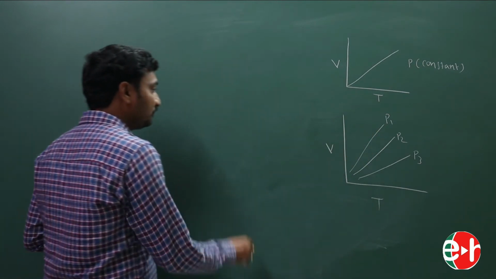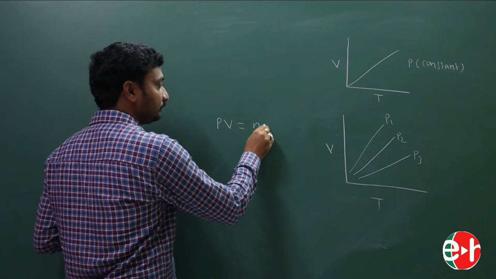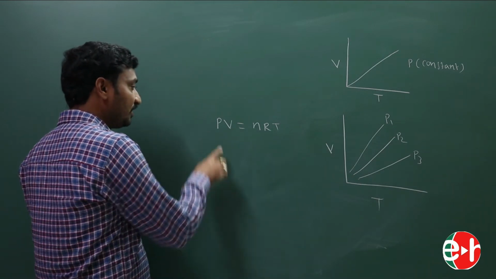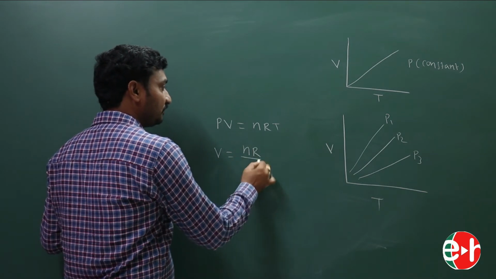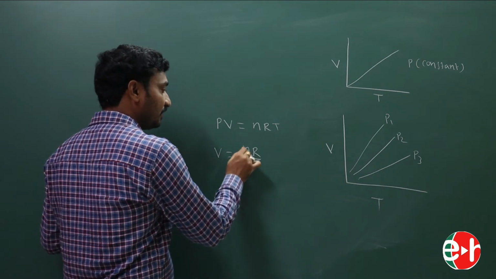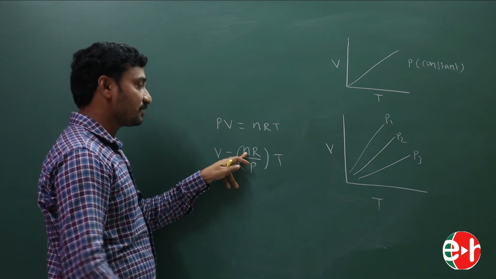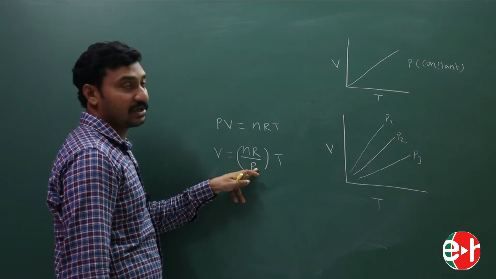Okay, we know PV is equal to nRT. Here pressure is constant, and V is equal to nR by P into T. n is constant, why? Because of fixed mass. R is constant, P is also constant in Charles law.